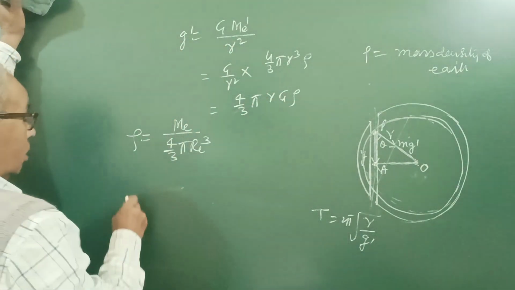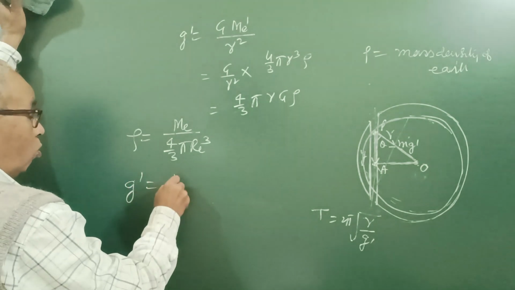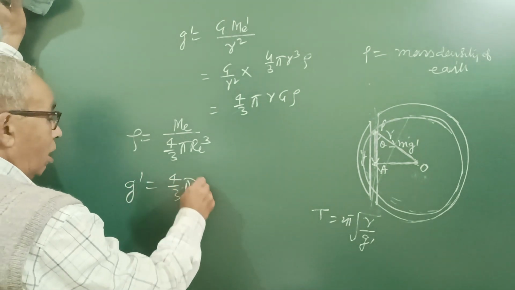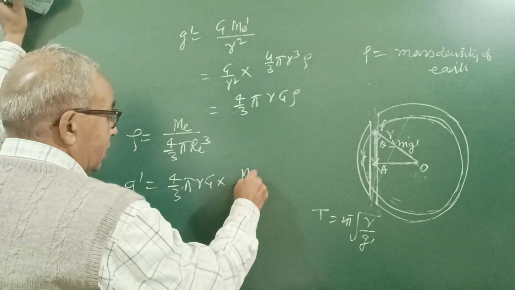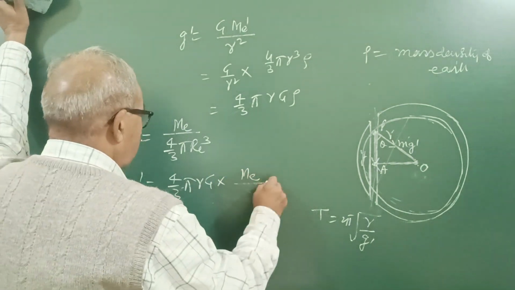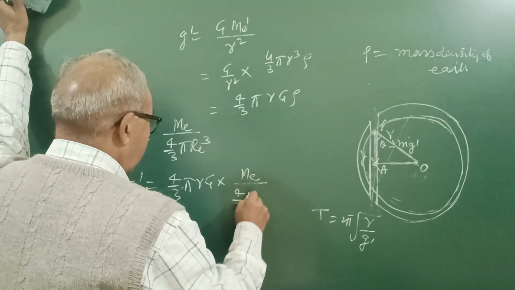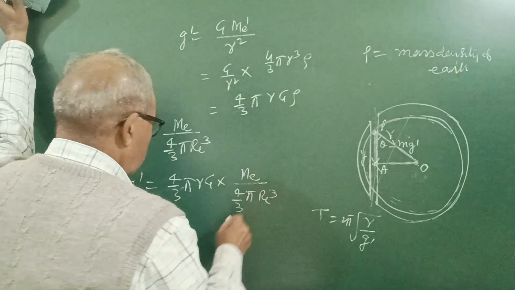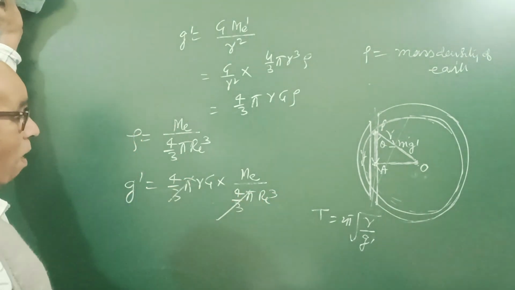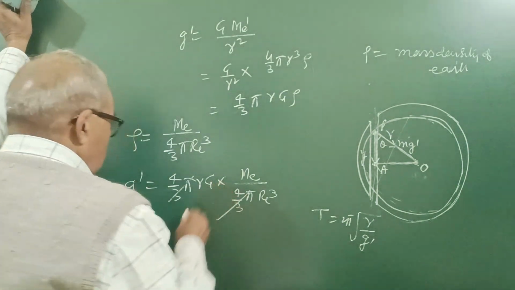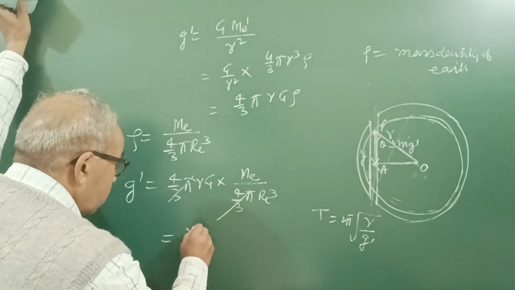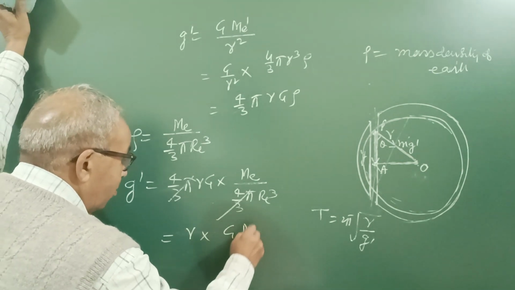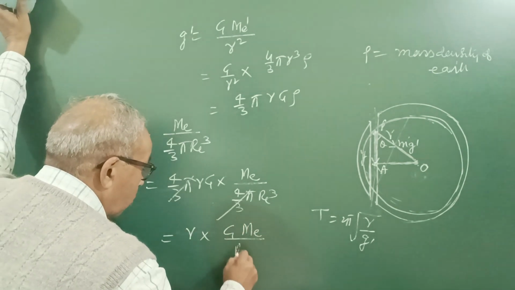We put this here, g dash comes out to be 4 by 3 pi r G into M e upon 4 upon 3 pi R e cube. The 4 by 3 pi cancel. So we get here r into G M e upon R e cube.